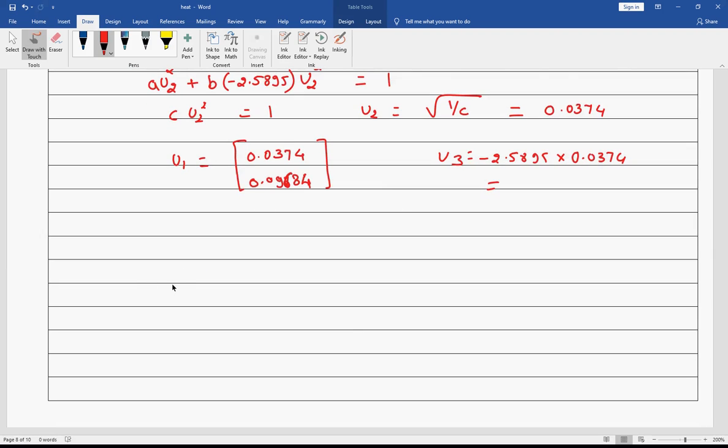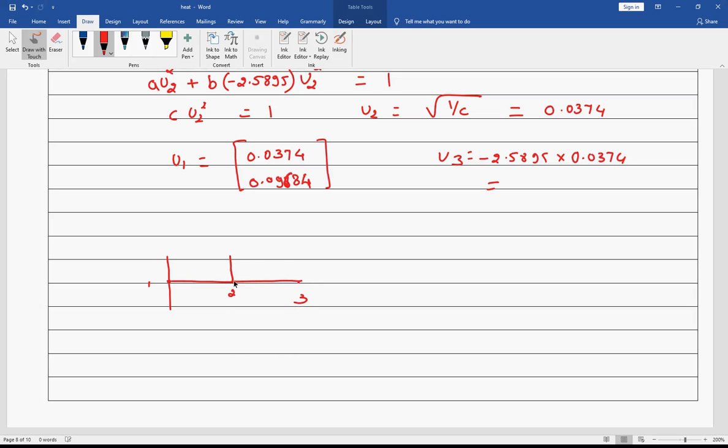I can consider this to be my u1. This is basically my mode shape. This is my node number 1, which is fixed. So u1 is 0, so here it will be 0. This is node 2 and this is node 3.